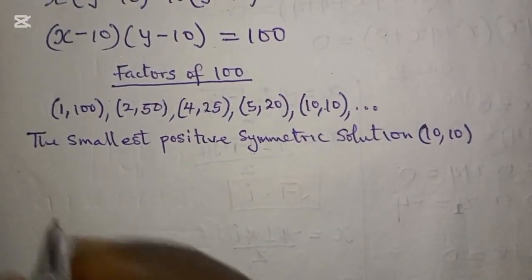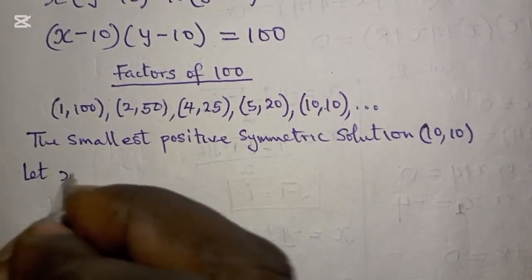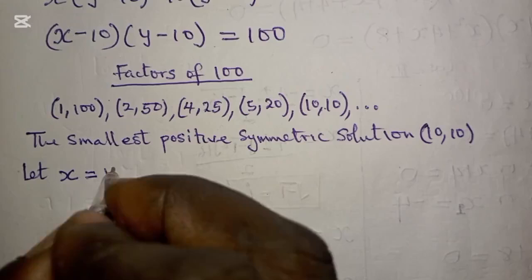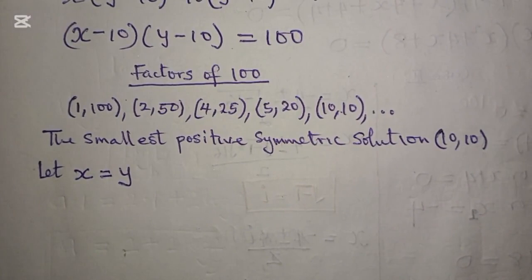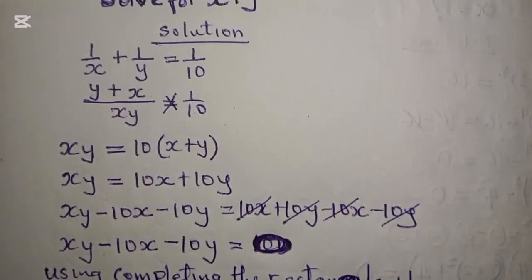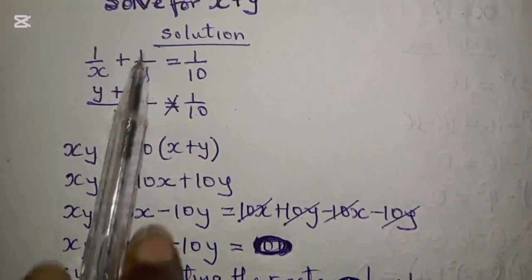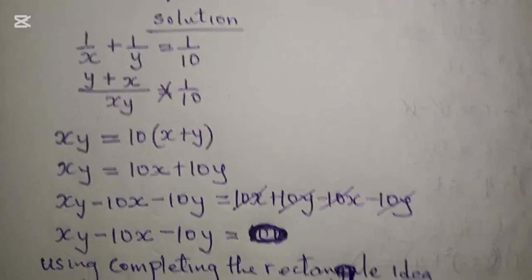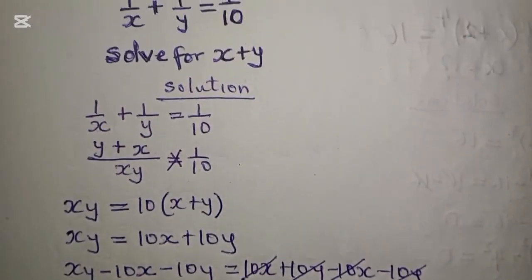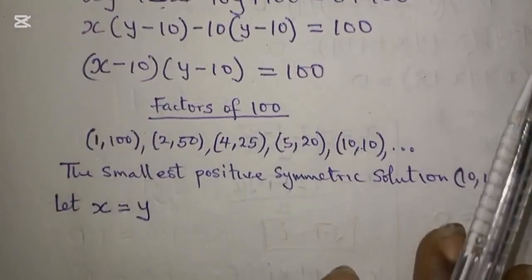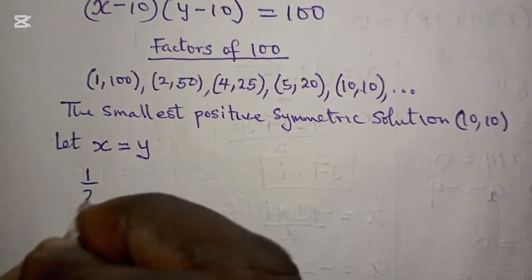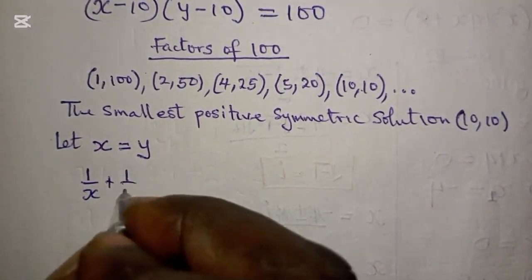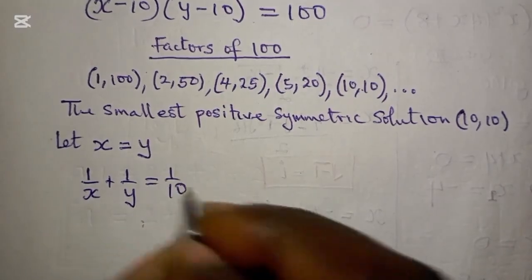Here we now assume that we let x be equal to y. So if we let x be equal to y, we go back to our equation, that is 1 over x plus 1 over y equals 1 over 10.